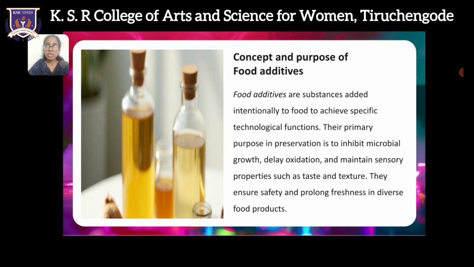When it comes unintentionally, it is called food adulteration. When added intentionally, it is called a food additive to attain some specific functions. The primary purpose for using a food additive is preservation. Now, why is food preservation important? Because it inhibits microbial growth, delays oxidation and maintains the sensory quality such as the taste and texture of the food.